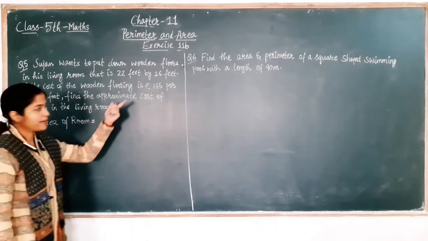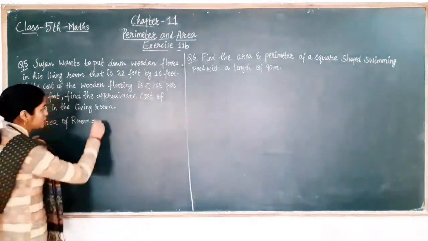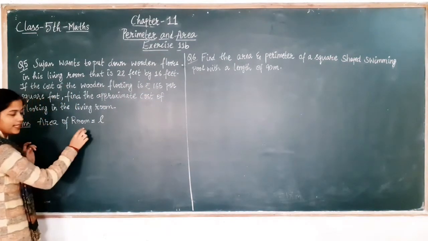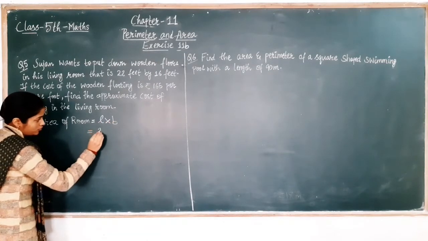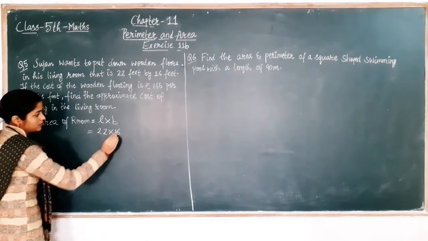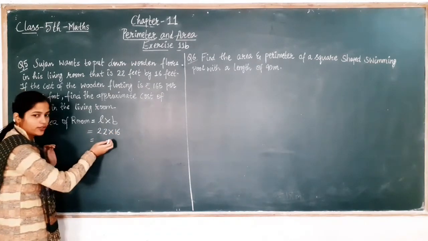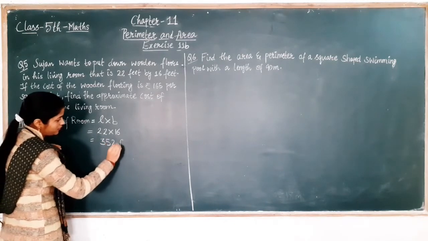We have been given the dimension as 22 feet by 16 feet. So what will be the area of room? L into B. So length is 22 and breadth is 16. If we multiply 22 into 16, we will get 352 feet.